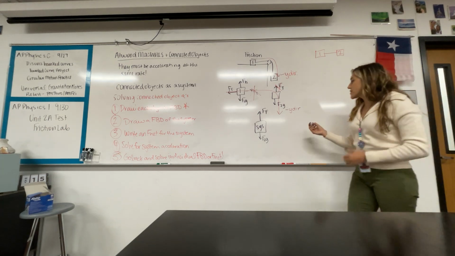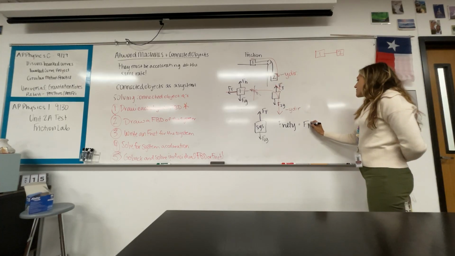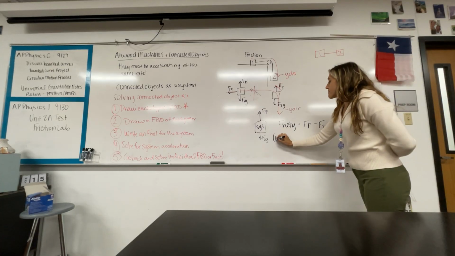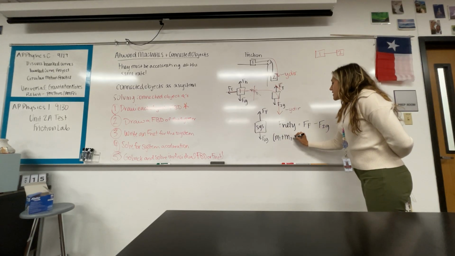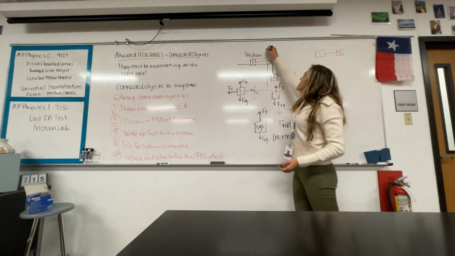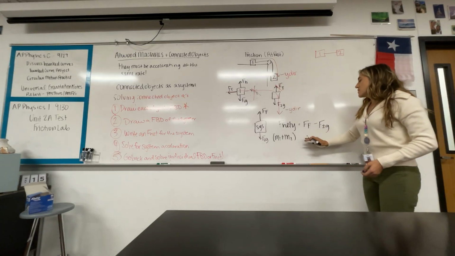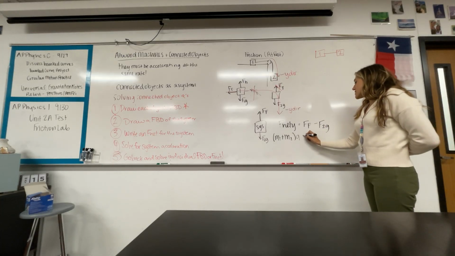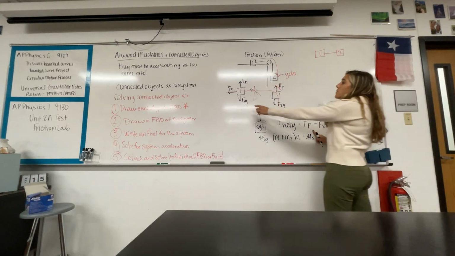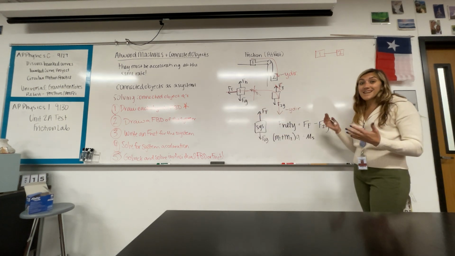Now I can write an F net equation. So F net Y is equal to FF minus F2G. So the mass of my whole system times the acceleration is equal to this friction force minus F2G. I'll say it's at rest. And FF is equal to mu S Fn. What's the normal force for block 1? This friction came from block 1. Keep track of where things came from because they can have different normal forces.